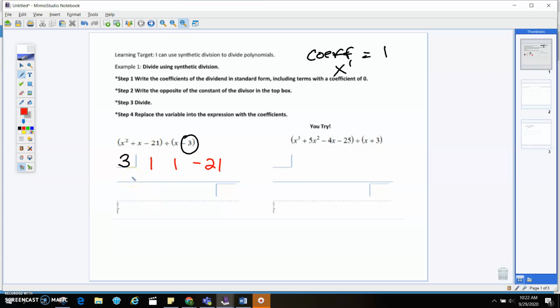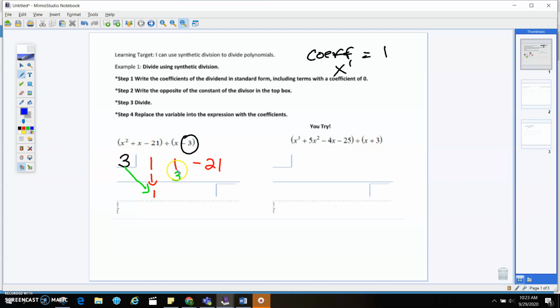Now we're going to have this process of bring the first term down, multiply, and then add. Follow this with me. Bring that first term down. Now multiply 3 times 1, and that gives you 3 right here.